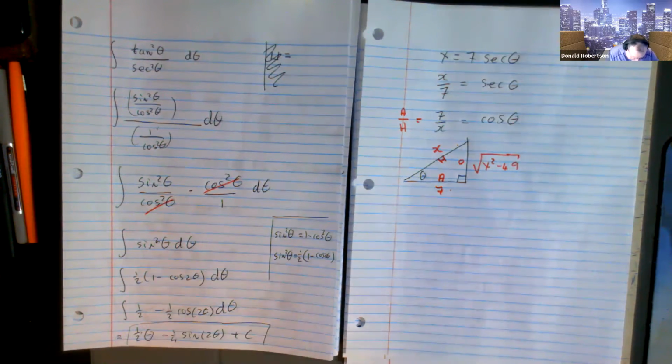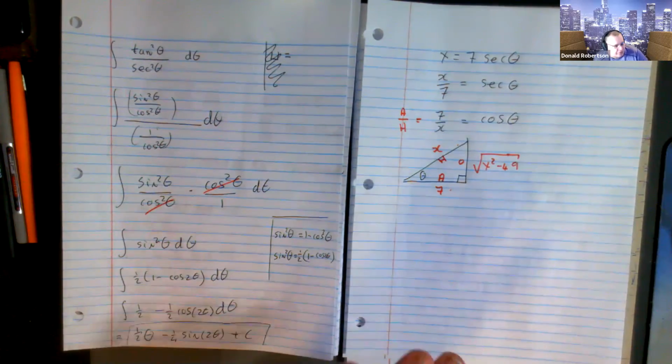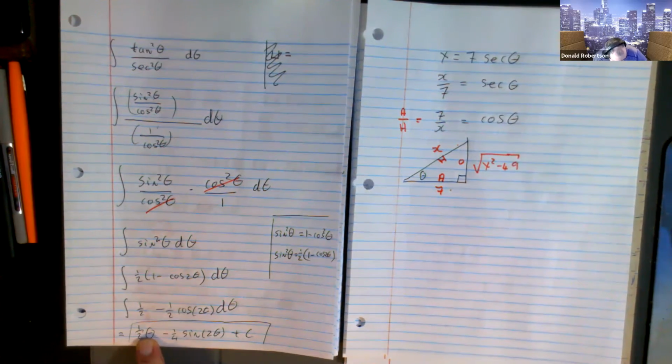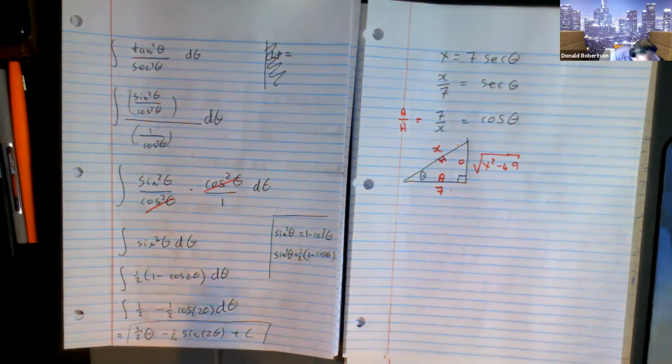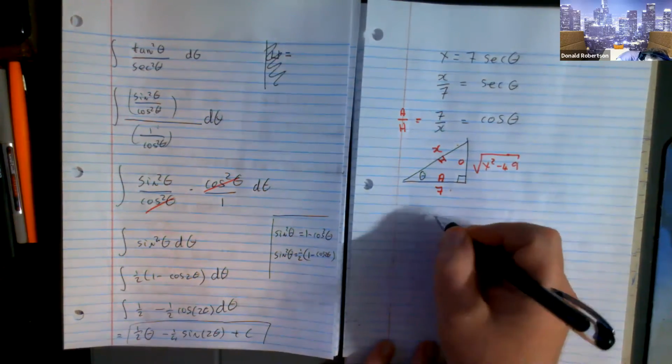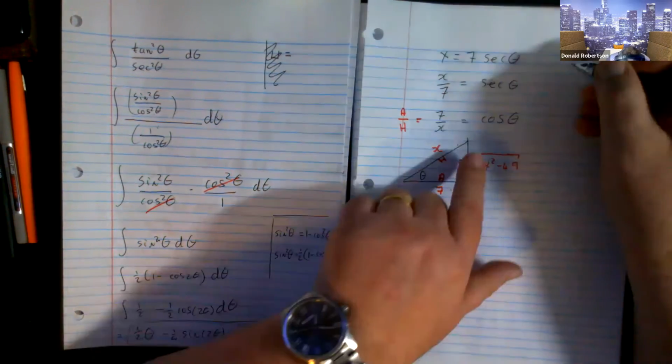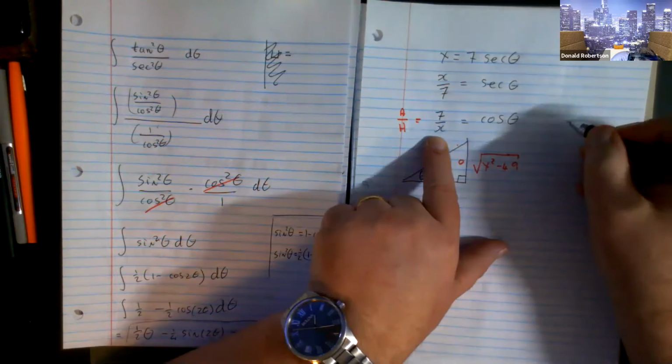Now, in most questions, the thing that you have will be sine squared, cosine thetas, and things like that. This one's a little bit different. You've got a theta on its own, and you've got a sine of 2 theta. So we have to deal with each one of them. I'm going to start with this fella here. Do you see how the cosine of theta is 7 over x?